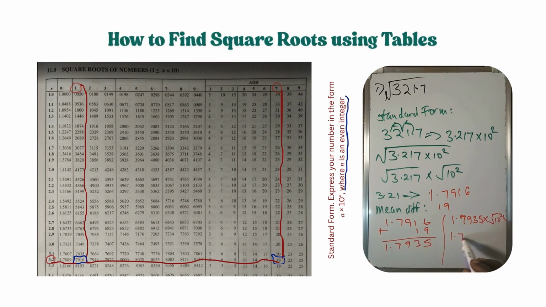So we'll have 1.7935 times 10. When multiplied by 10, we move our decimal one place to the right. So our answer will be 17.935.